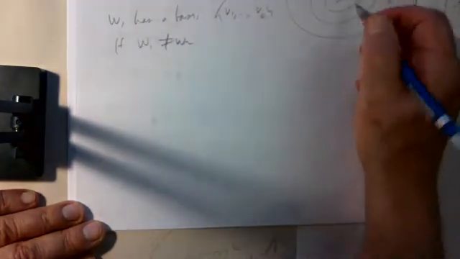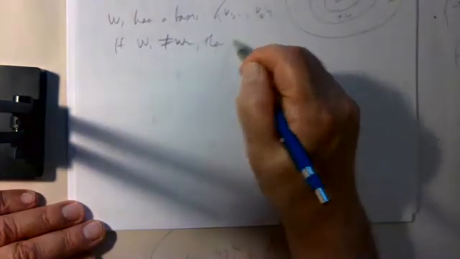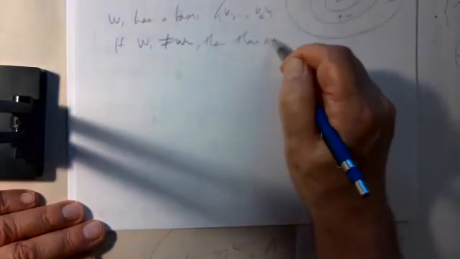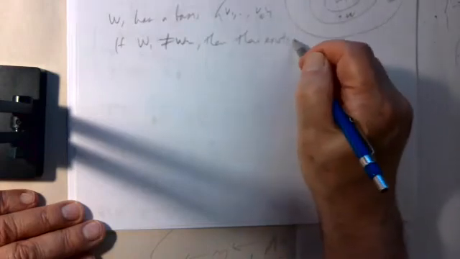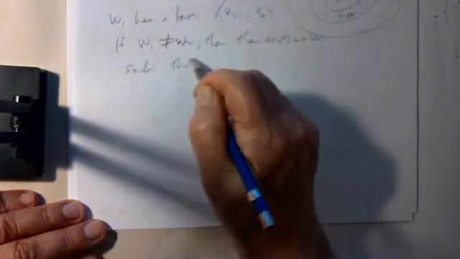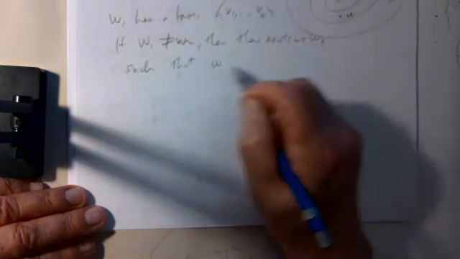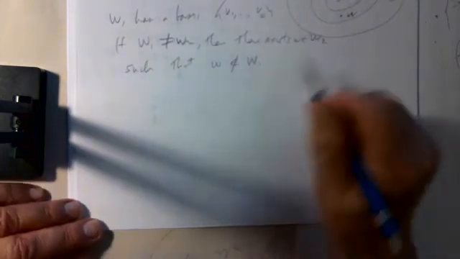If W1's not W2, then there exists a vector W in W2 which is not in W1.